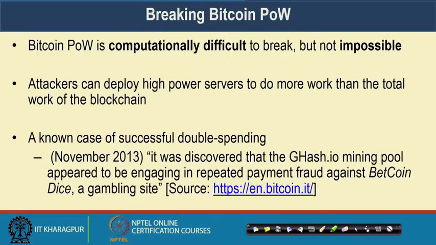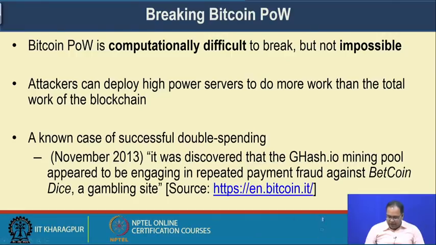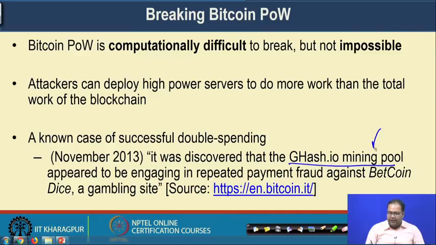There is one known case of successful double spending which came from a mining pool called ghash.io. This concept of mining pool we will discuss later on. A mining pool means a set of miners coming together collectively and trying to mine a new block.